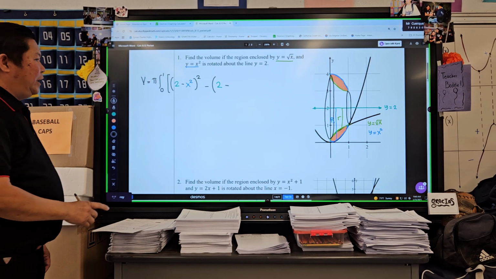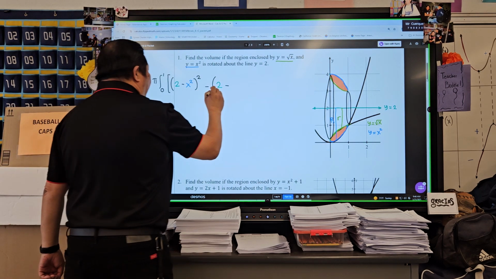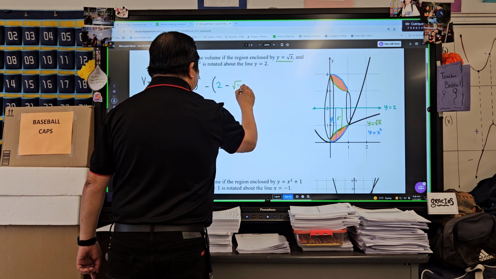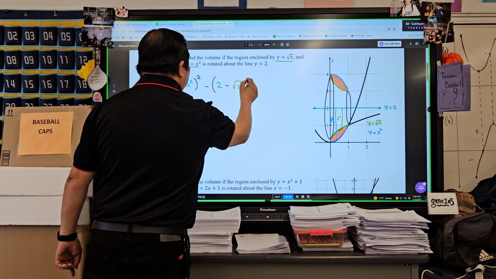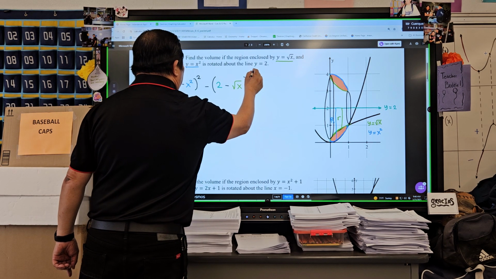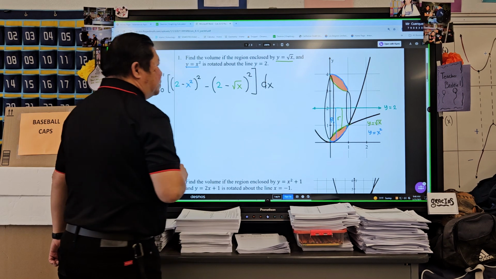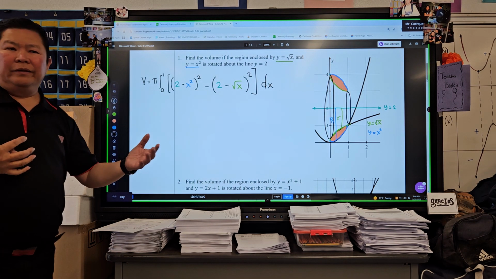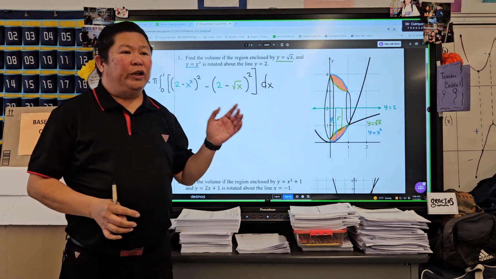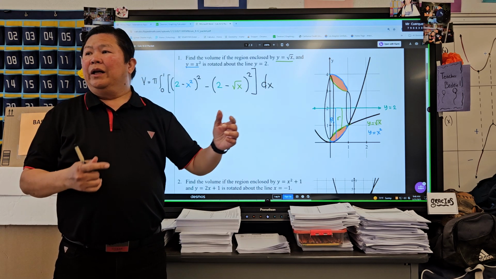Radical x, and radical x is green, right? Then we have the square, and this is x.